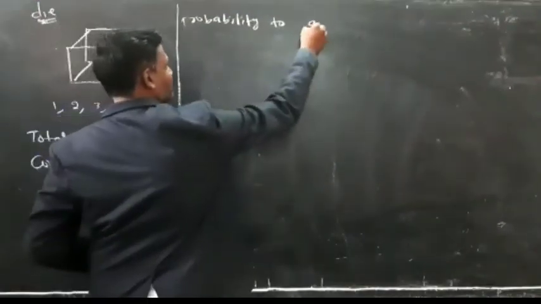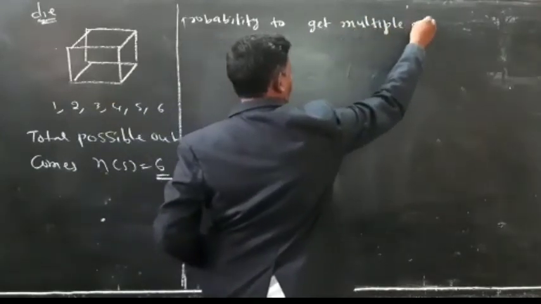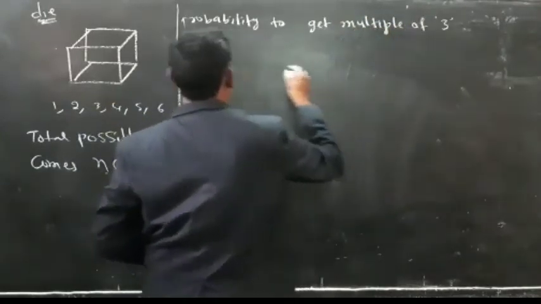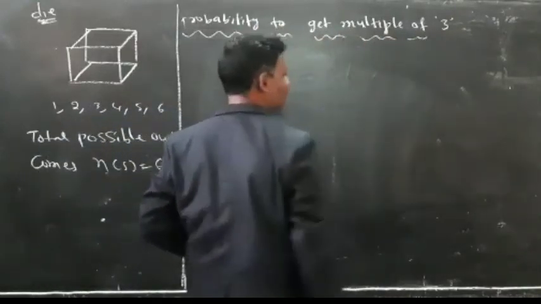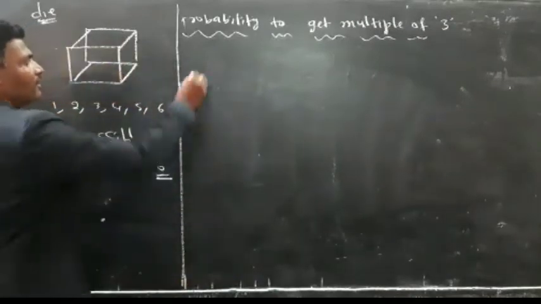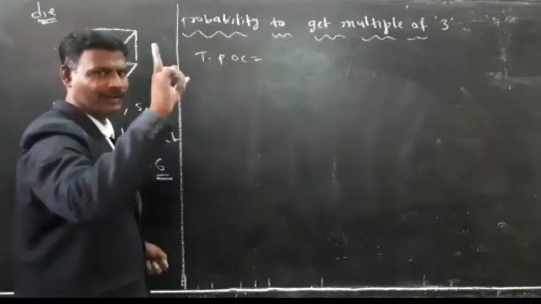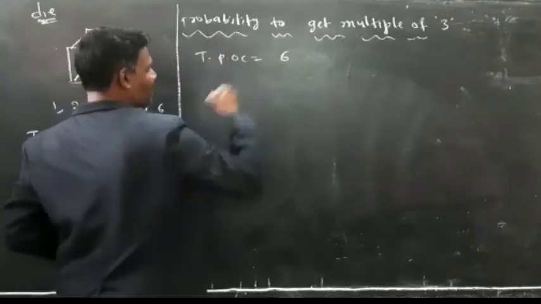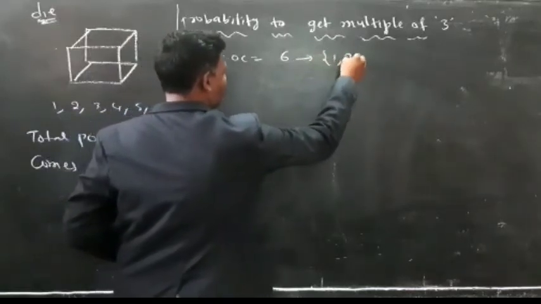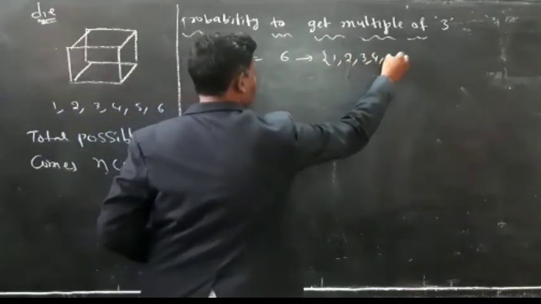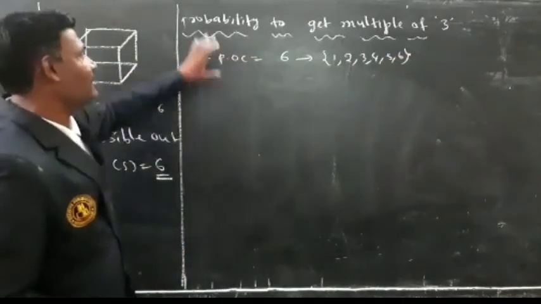Probability to get a multiple of 3. Now find the probability to get a multiple of 3 on the face. Here we know very well the total possible outcomes when a die is rolled once is nothing but 6 chances. What are the 6 chances? 1, 2, 3, 4, 5, 6. From that, what do I need?